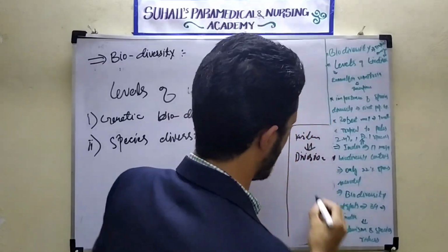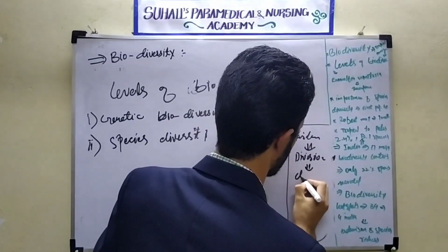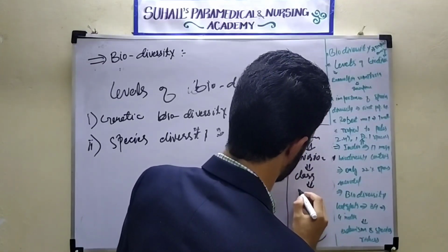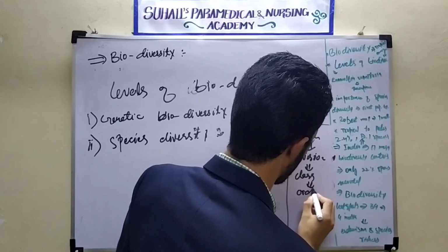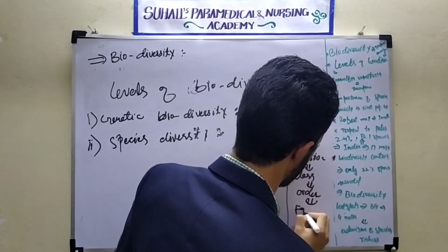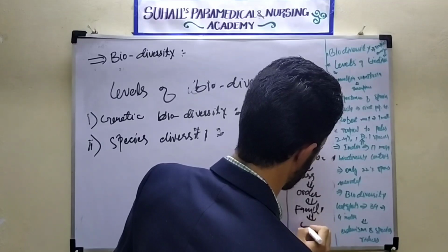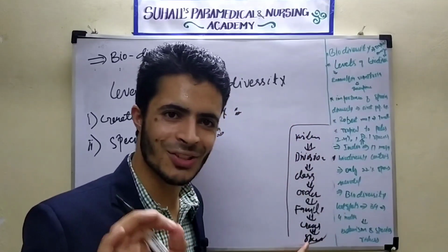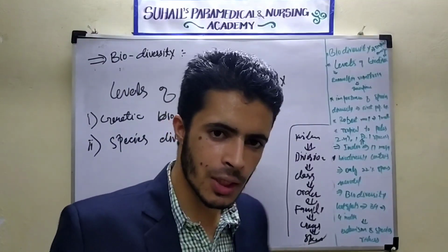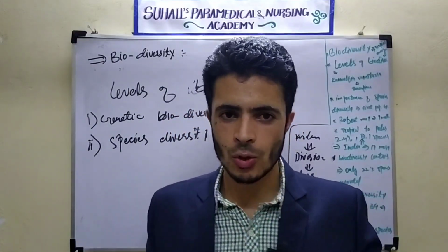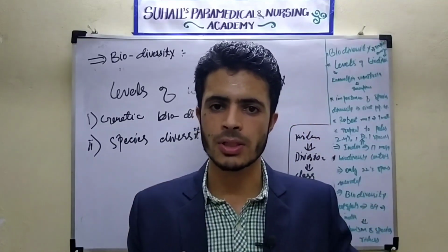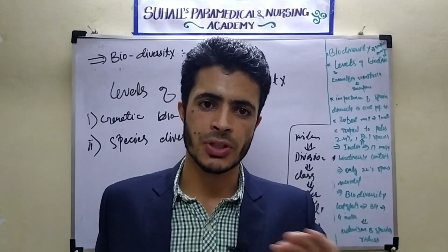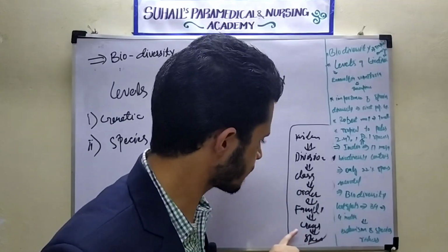Kingdom is made up of divisions, which are made up of classes, orders, families, and genus. Genus is made up of species. So species is the last one. If we break a species, there will be individuals. Human is one species. Cat is another species.